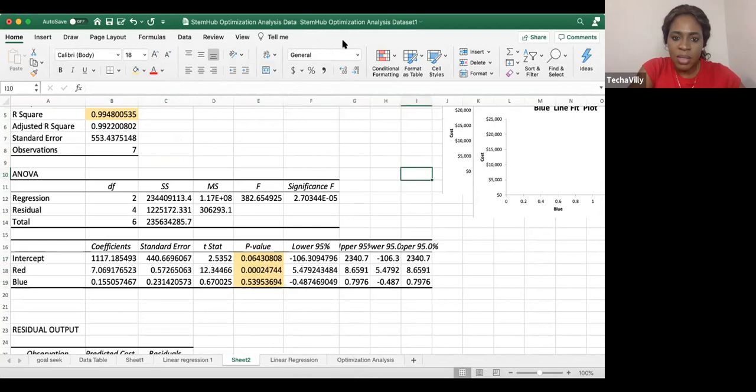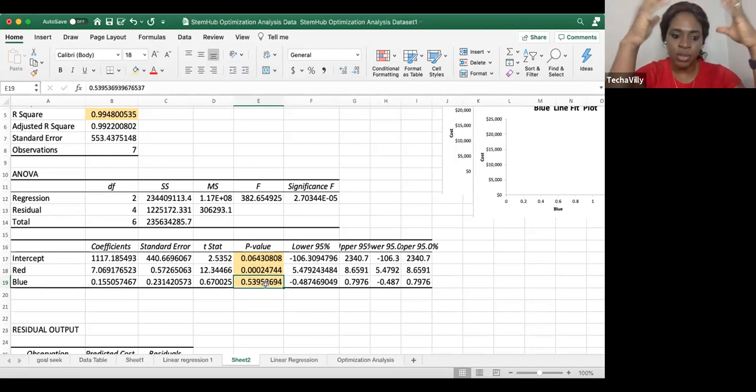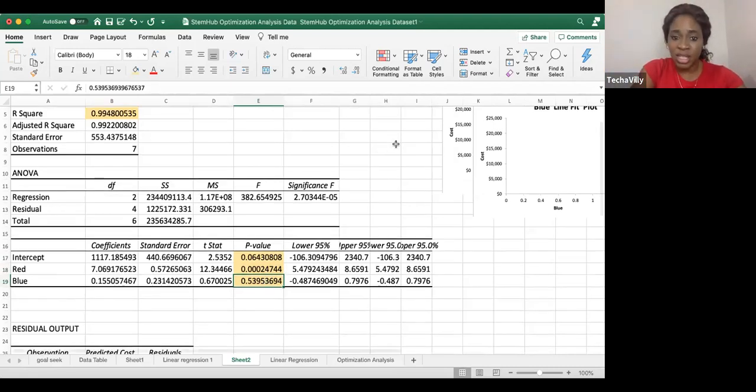Right, so this is the p-value, and we can see that the first one is 0.000. This is good. The p-value for the red bike is very good. But the second one is not good. But if we combine the two of them, we have an overall good output, a good model to use. So we can actually use this to make decisions.